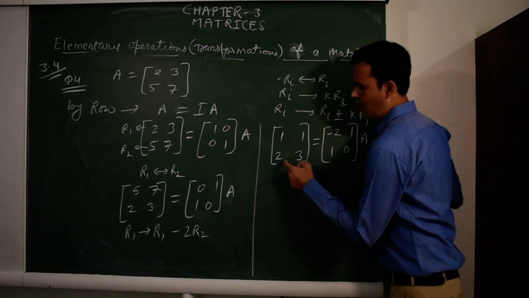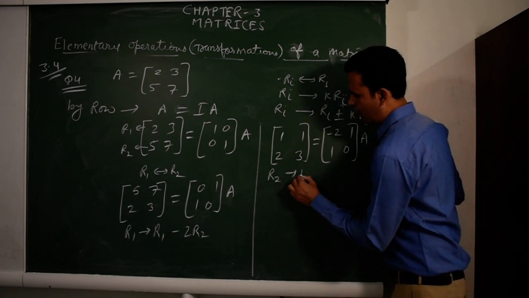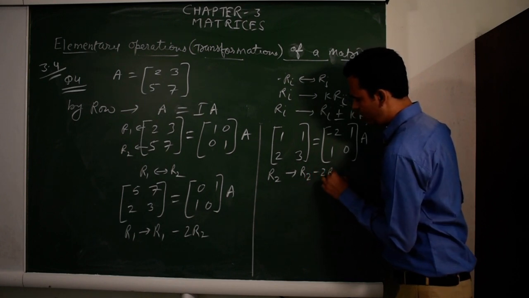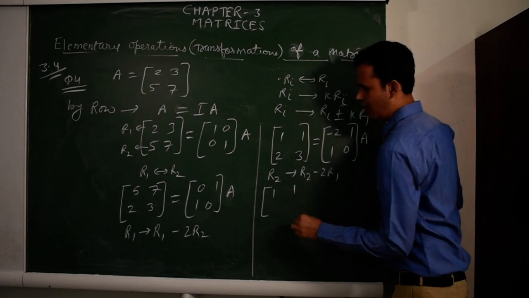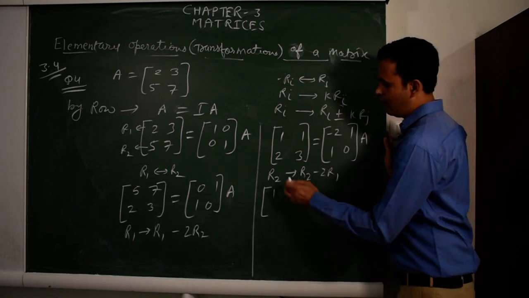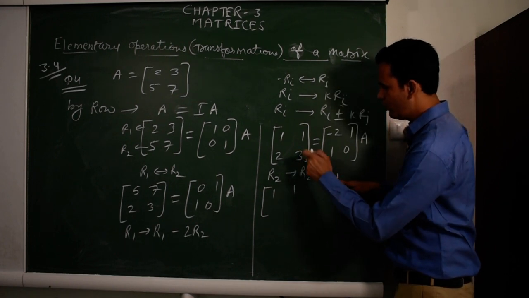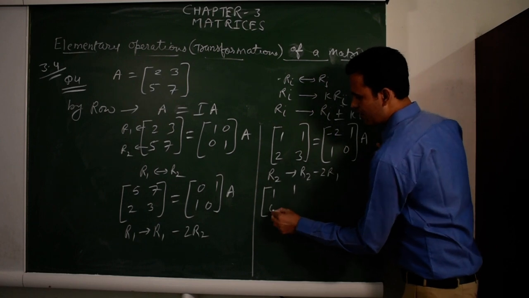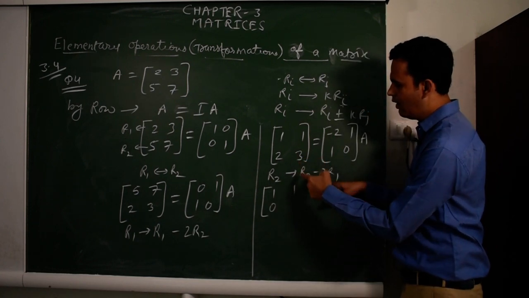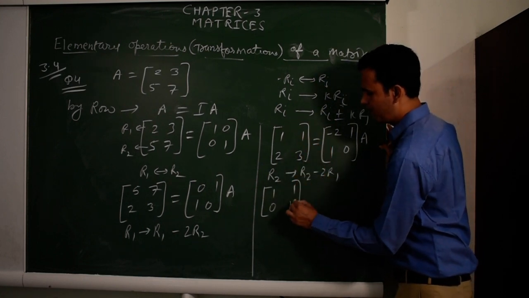Now change in R2. What change? R2 minus 2R1. So no change in R1. So it is 1, 1 and in R2, 2 minus 2 into 1 is 0. Then 3 minus 2 into 1 is 1.